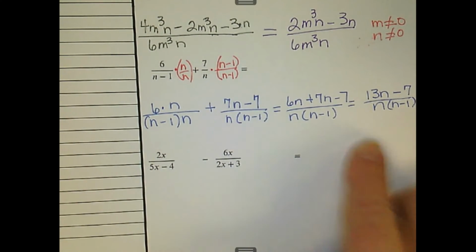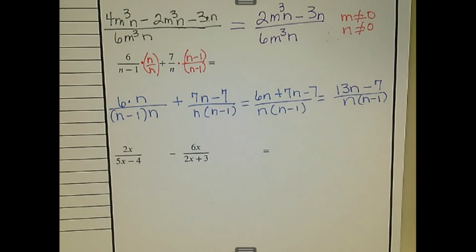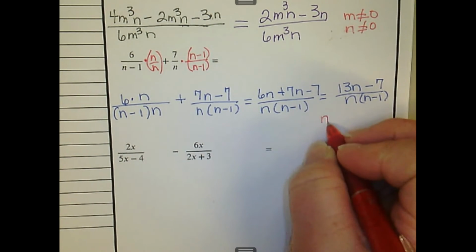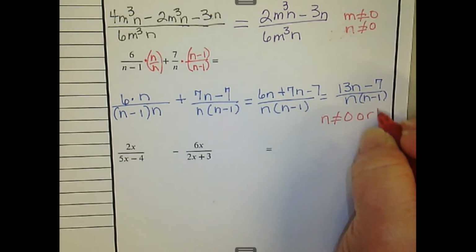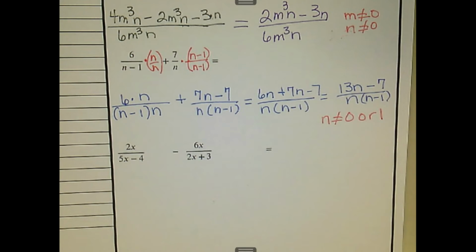If you notice, we don't worry about simplifying the bottom. It's fine. But what we do know is that n cannot be equal to 0 or 1, because those are the two numbers that will put a 0 in my denominator. They will not work.